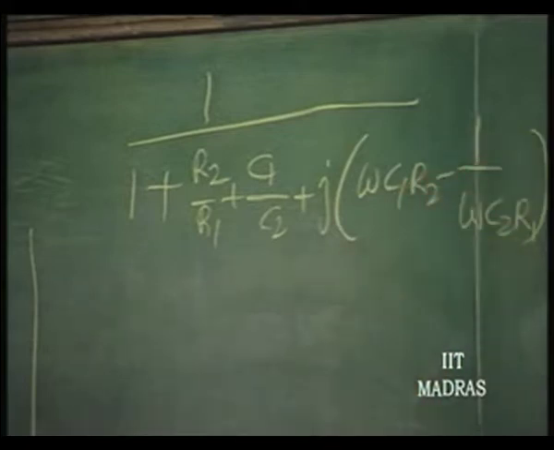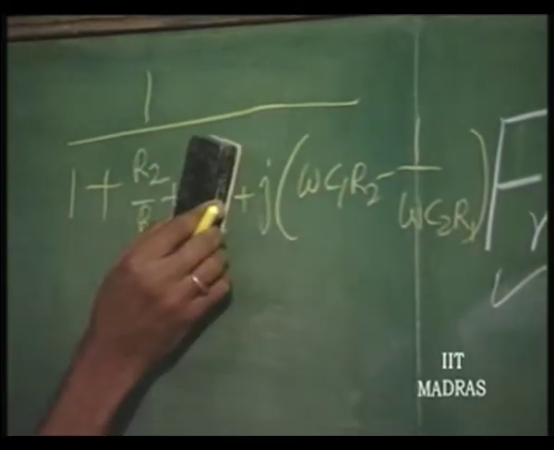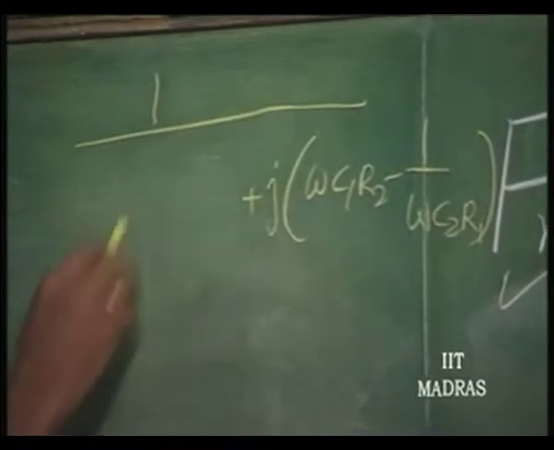R2 is equal to R1 nominally. So, we will consider the nominal values. R2 is always made equal to R1. So, this is equal to 3.